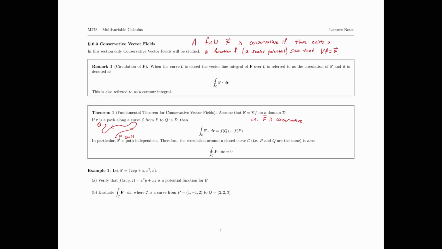So P is our starting point, Q is our ending point, and this is the name of our path C. So if we take the line integral over this path of some vector field, so imagine we have some vector field capital F, we're integrating over a vector field from a point P to a point Q. If this vector field F is conservative, therefore it's the gradient of some scalar function, then really there's like an equal sign kind of in between here.